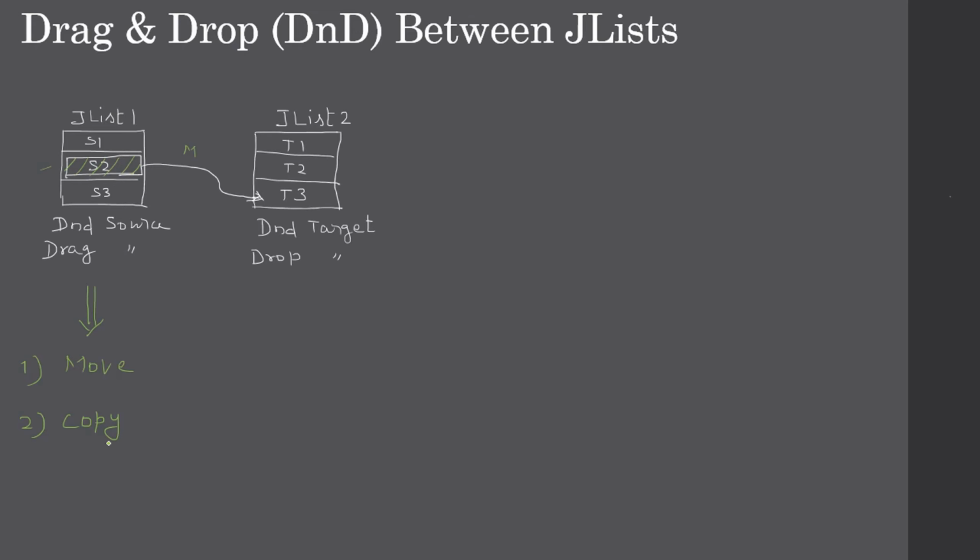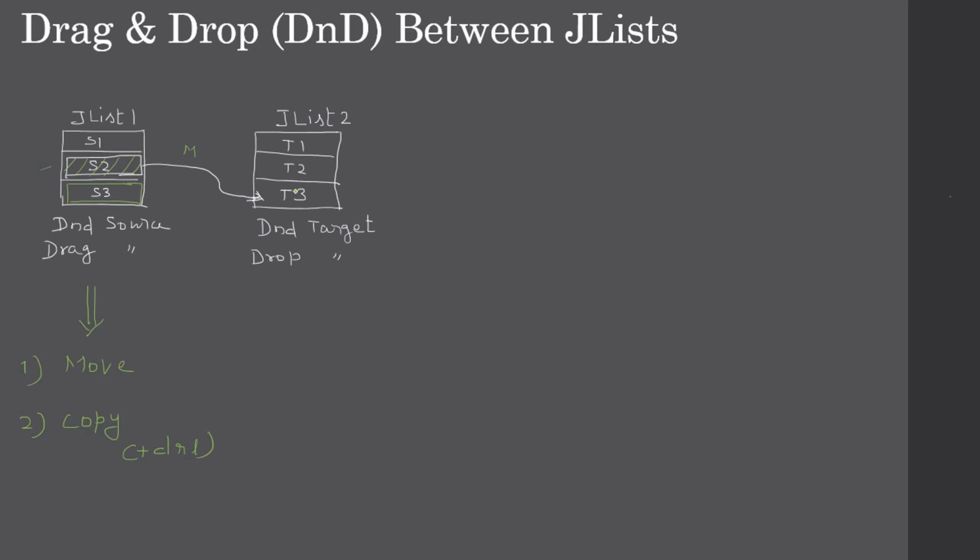To perform the copy operation, you have to press down the Control key on the keyboard. Then you should perform the same operation. Let's say we selected the S3 item here. So previously we moved here, right?